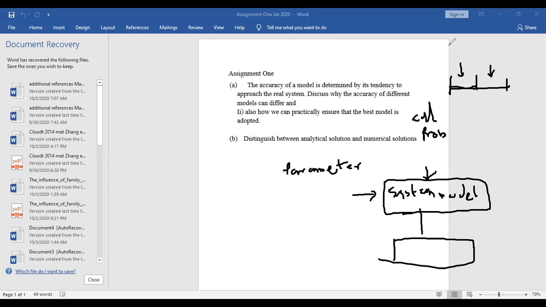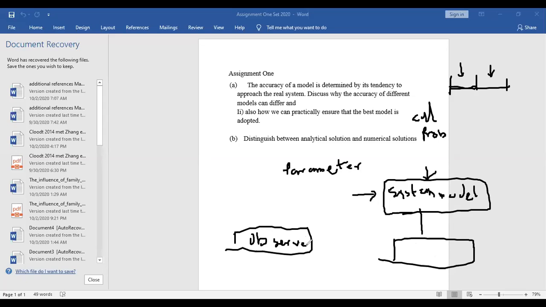I wasn't recording. So we are supposed to generate simulation trials. And once we've obtained our simulation data or trials, we need to compare with observations from the real world. So we observe what is going on in the real world.